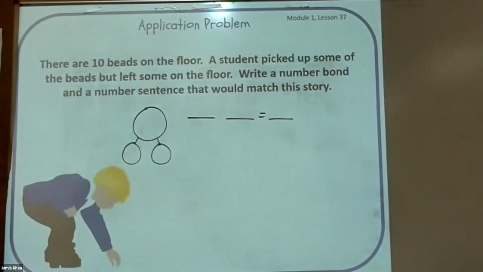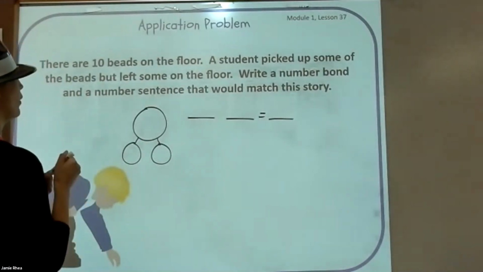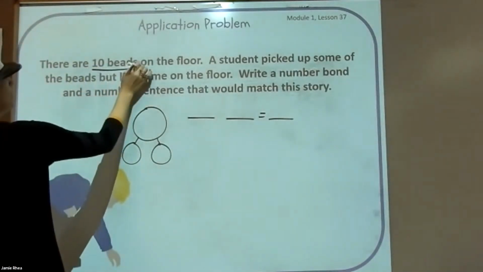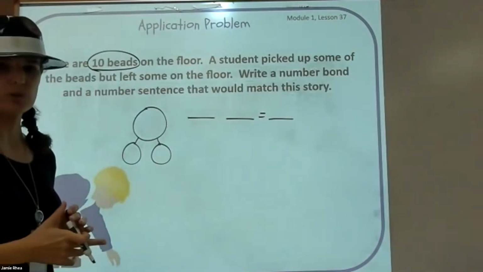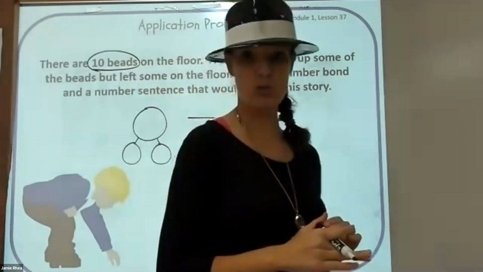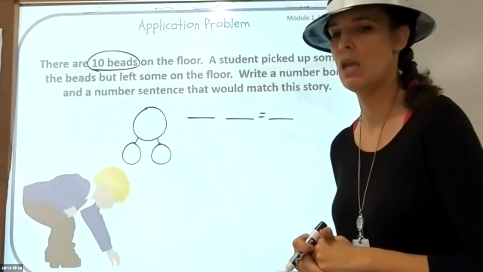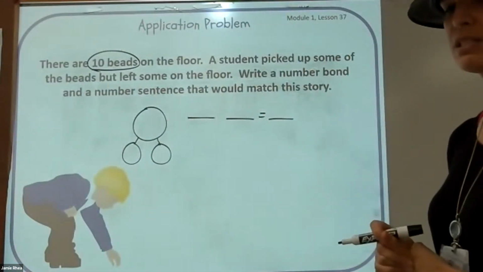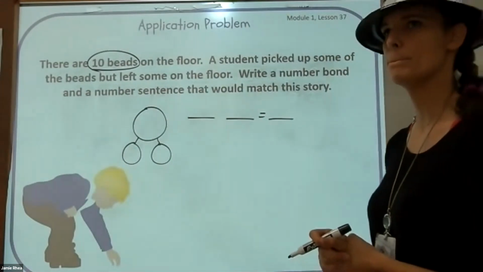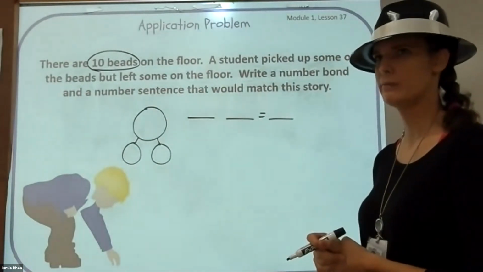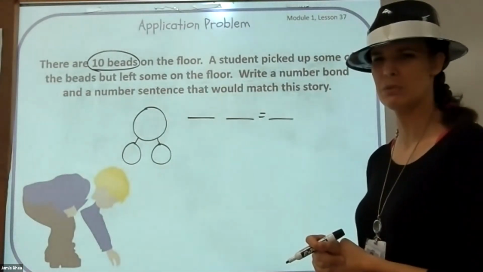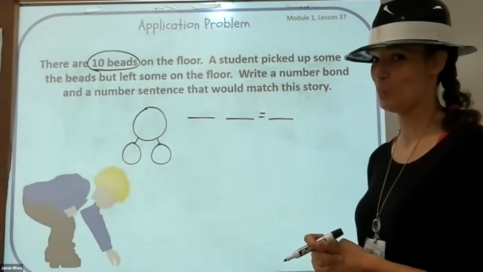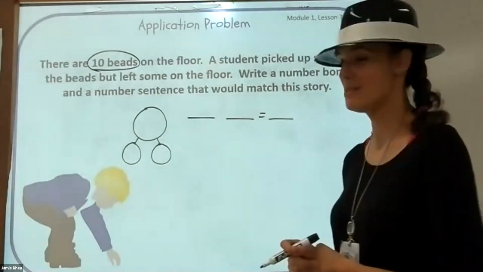There are 10 beads on the floor. Well, that's important. 10 beads is very important because that tells me how many are on the floor. There's a total of them on the floor, okay? A student picked up some of the beads, but left some on the floor. Is there a clue in there? I didn't hear a number, but I did hear the word some.